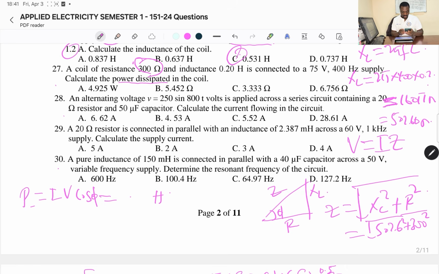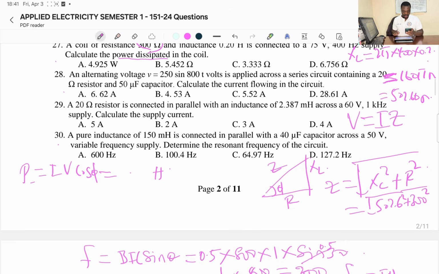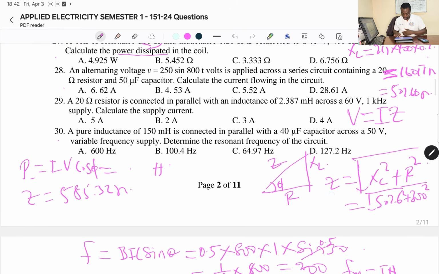Let me take the square root of 300 squared plus 502.6 squared. So you get 585.32 ohms.